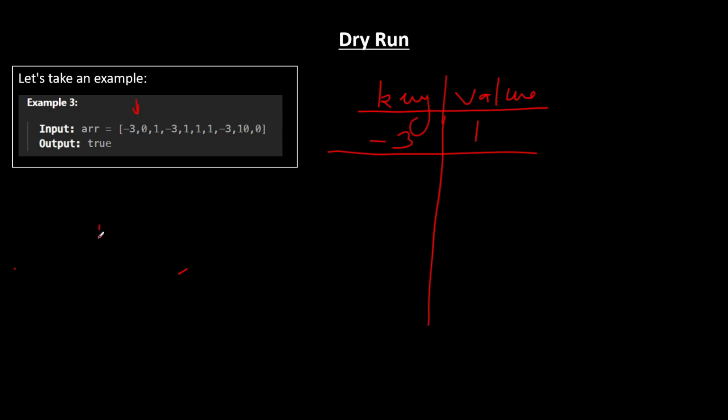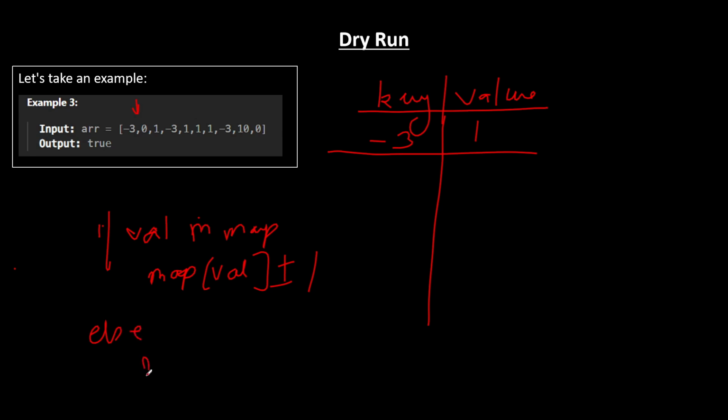The thing was, if value in map, correct? If it is in map, it means dictionary. So what we did, map of val, we incremented it by 1. Else, if it is the first time, we just entered the value 1. That's all. So this is the first time.